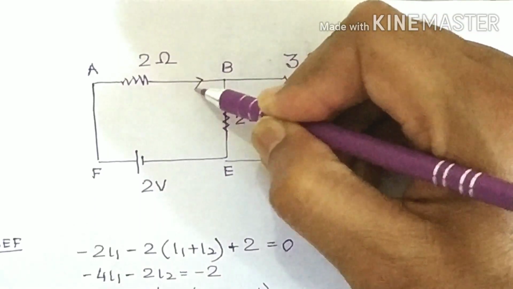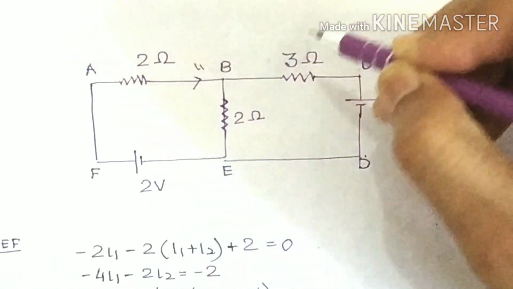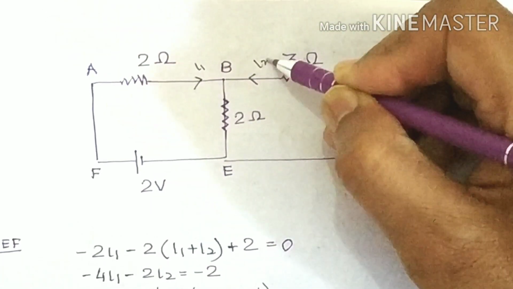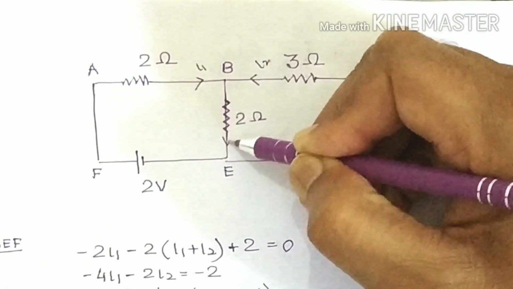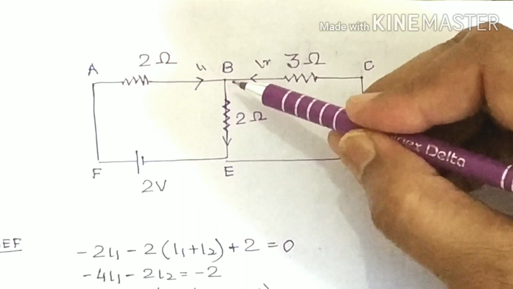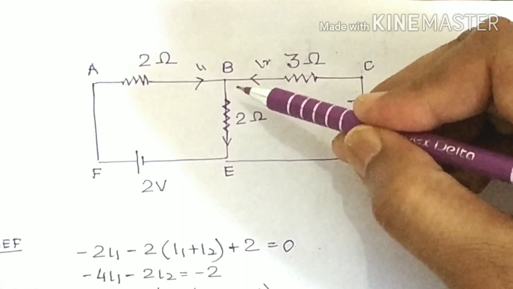Here I1, here I2. I1 is the current over here, I2 the current over here.